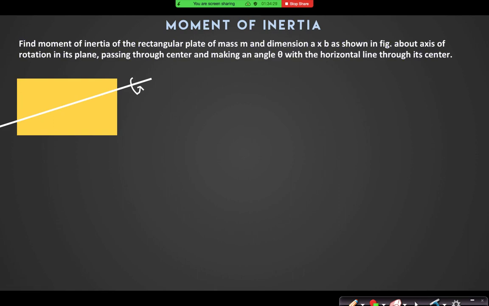This question says find the moment of inertia of the rectangular plate of mass m, dimension a into b. This dimension is a, this dimension is b, about an axis of rotation that is inside on the plane, passing through the center, and making an angle theta with the horizontal line. So that angle is theta.